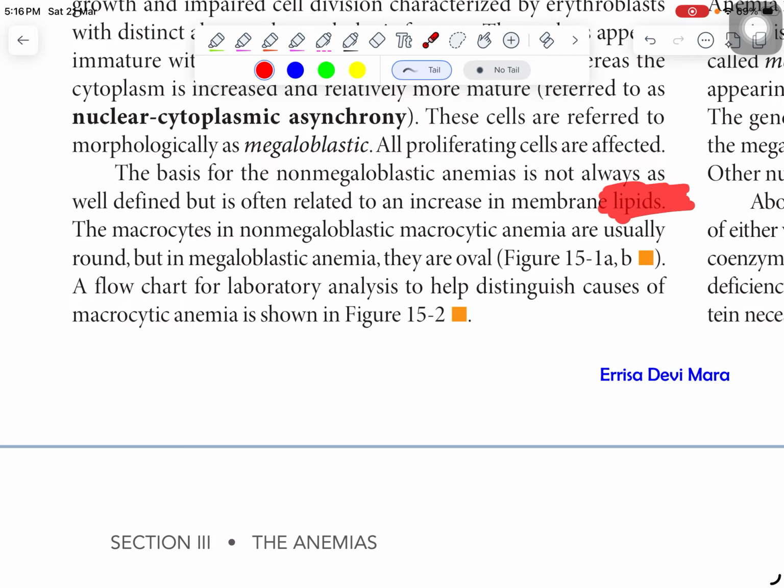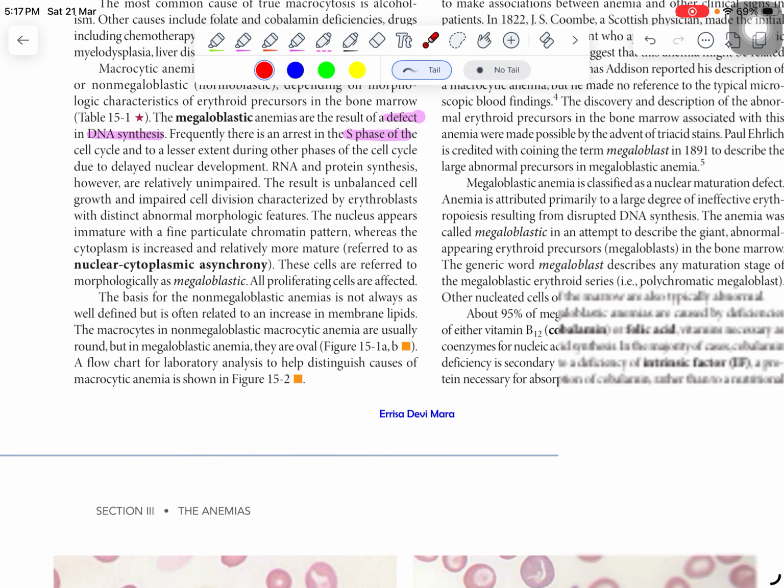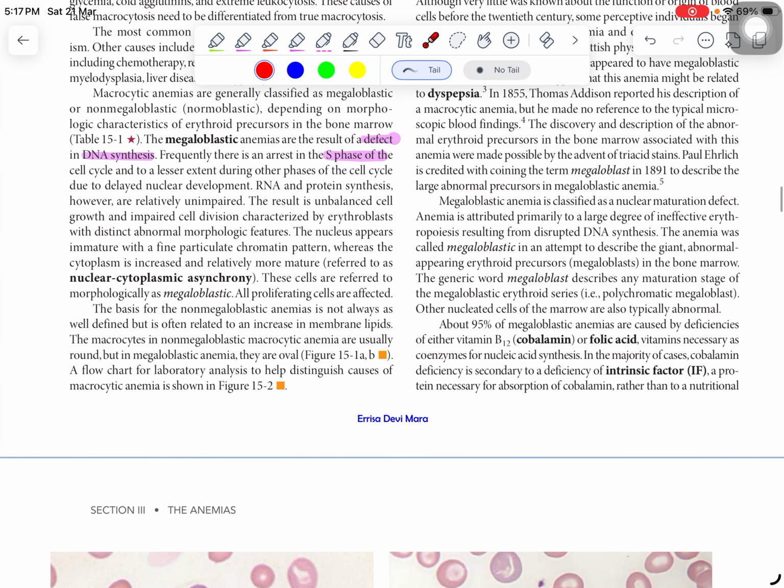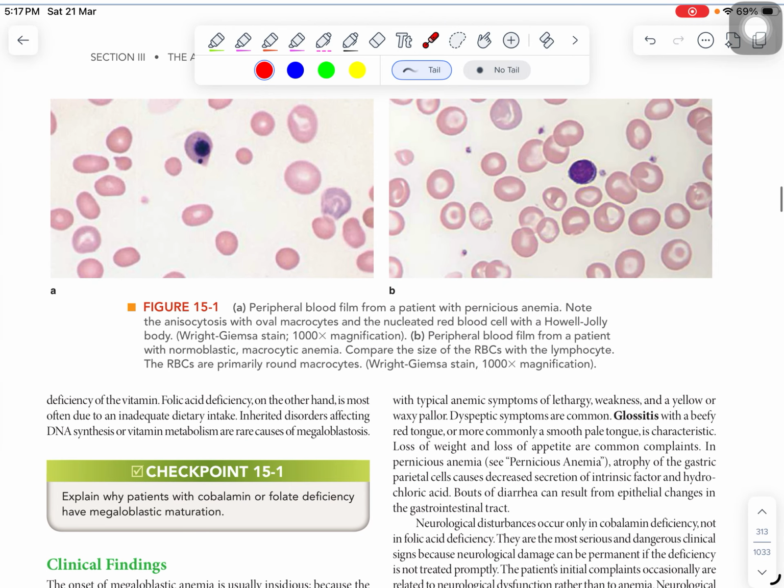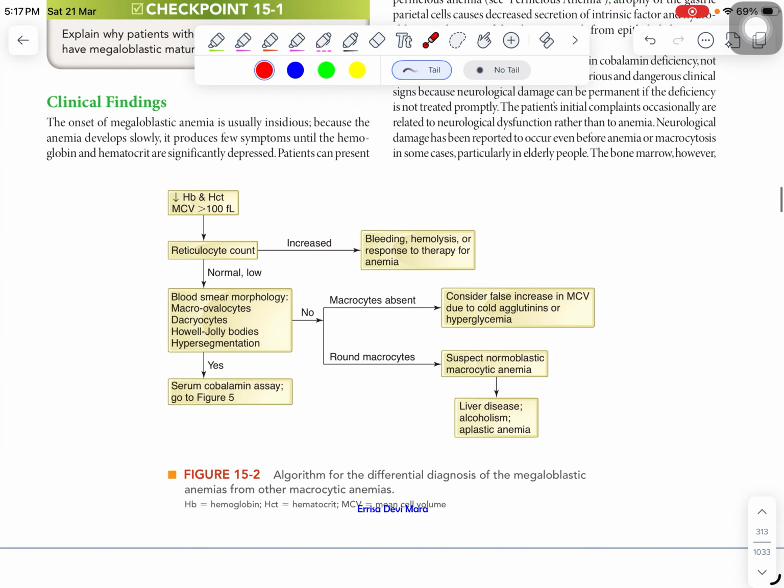This is all about lipids. But in megaloblastic anemia, they are oval. A flowchart for laboratory analysis to help distinguish the causes of macrocytic anemia is shown in figure 15.2. We will discuss it later.